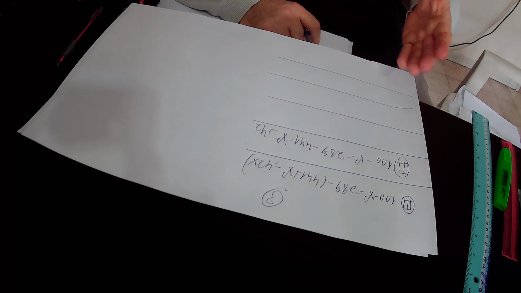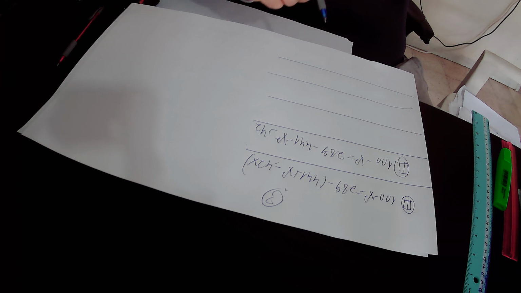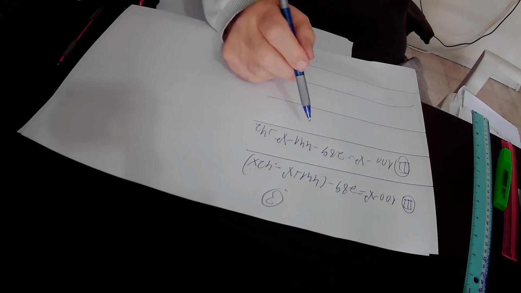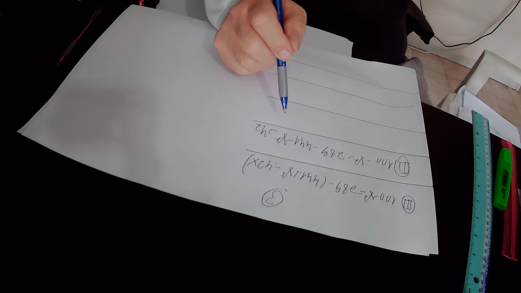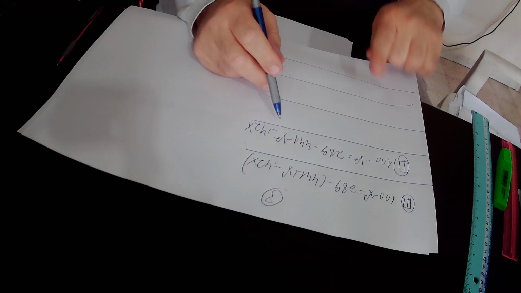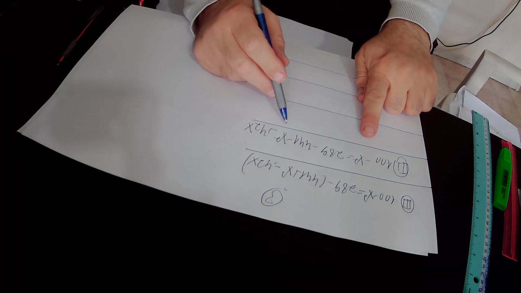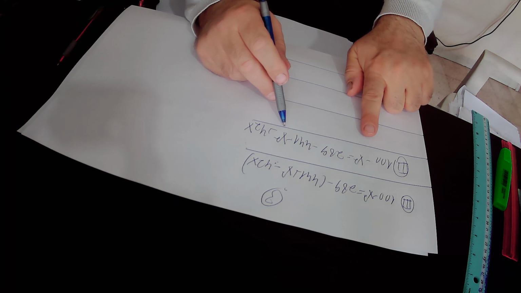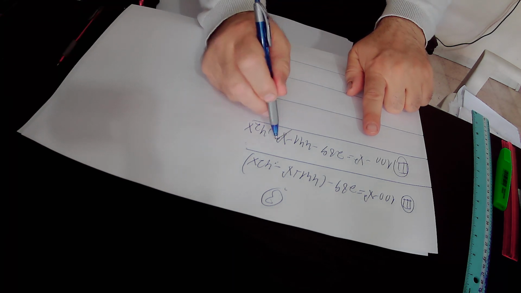So according to equation 3, I actually found out that 100 minus x squared equals 289 minus 441 minus x squared plus 42x. Here we have x squared on both sides of this equation, so minus x squared will get cancelled.